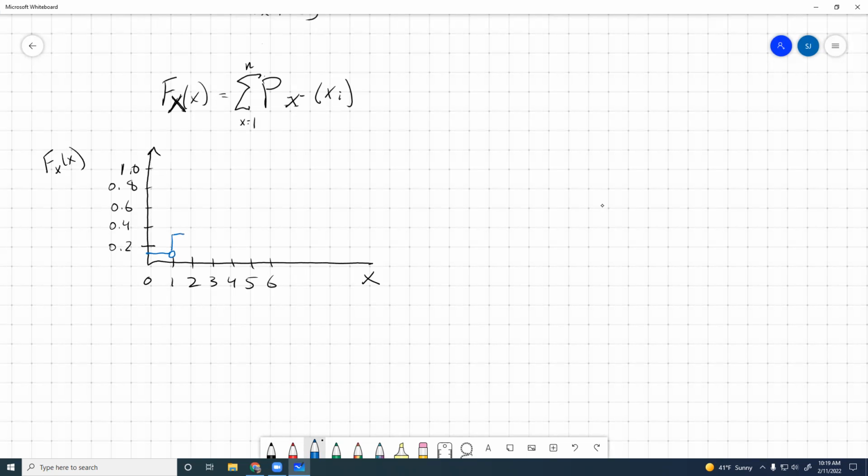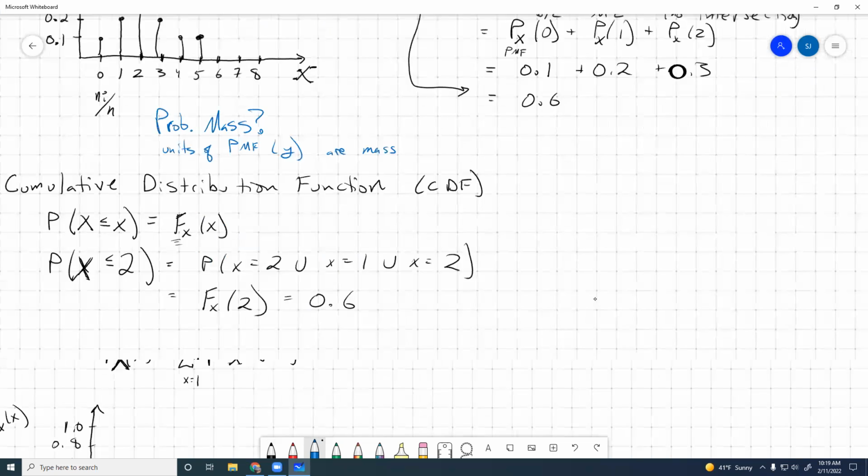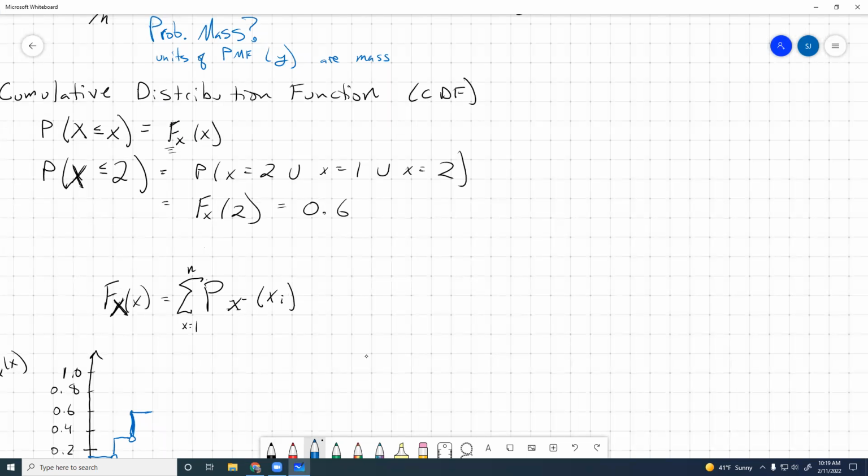Then we come across to 2, and then 2 jumps us up to 0.6. We come over to 3. 3 gives us another 0.2, so that gets us up to 0.8.